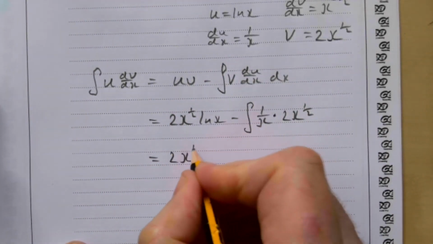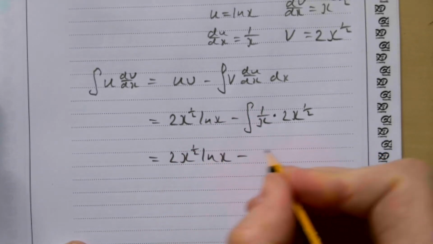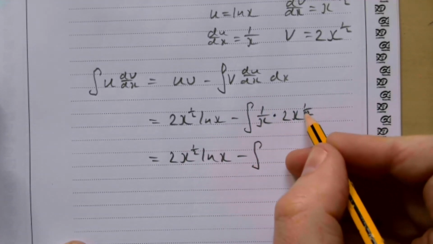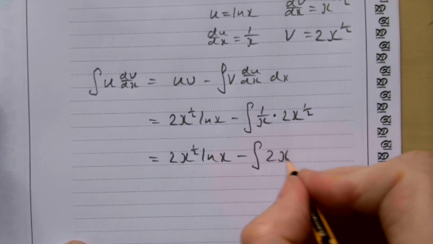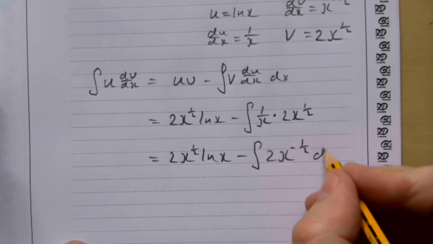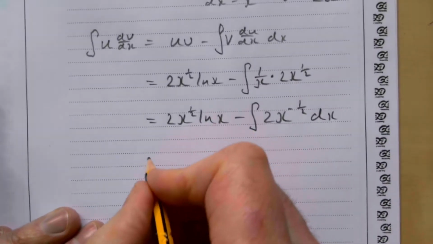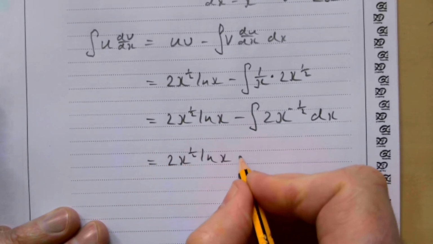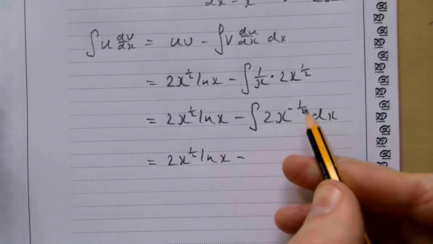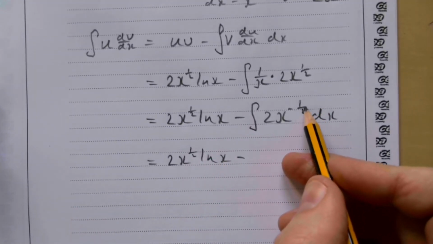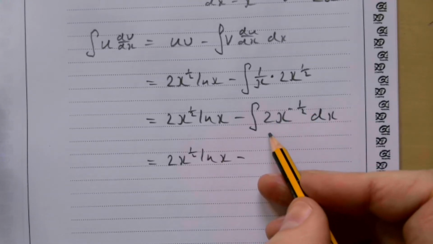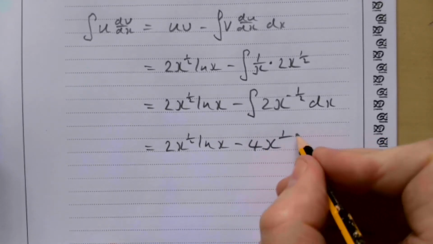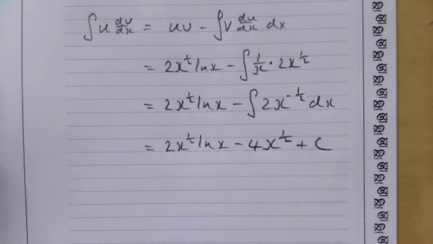That's 2x to the power of a half ln x minus the integral. Because that's 1 over x, so x to the minus 1 multiplied by this, I subtract 1 from the power, so it's 2x to the minus a half dx. That gives me 2x to the half ln x minus, so add 1 to the power and divide by the new power, which is a half. 2 divided by a half is 4. So it's minus 4x to the power of a half plus c.